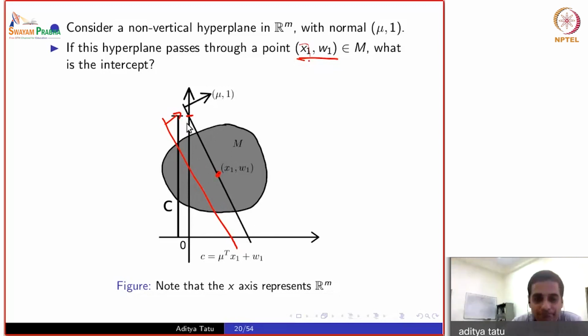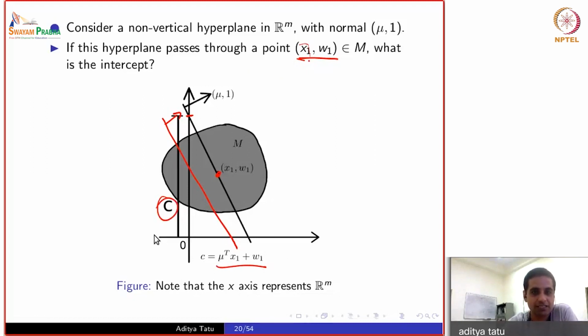It would have to be mu transpose x1 plus w1. And if you are thinking of the case where m is 1, it would be just mu x1 plus w1. That would be the intercept value c.